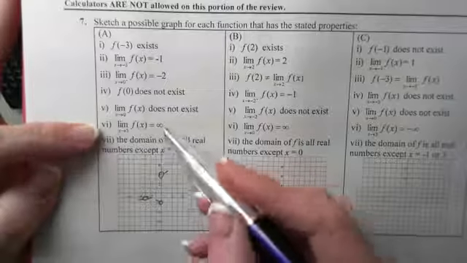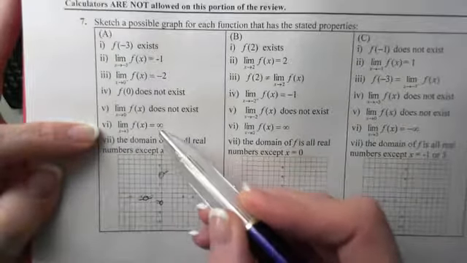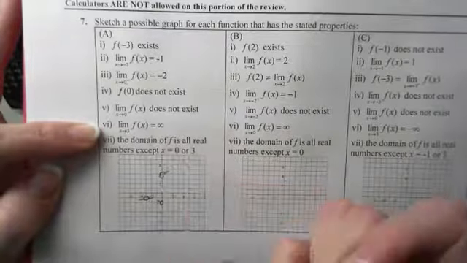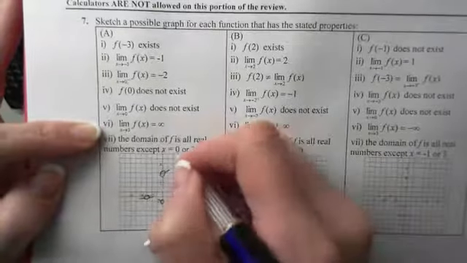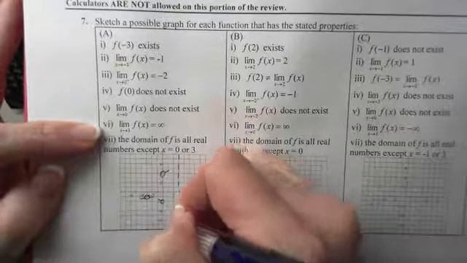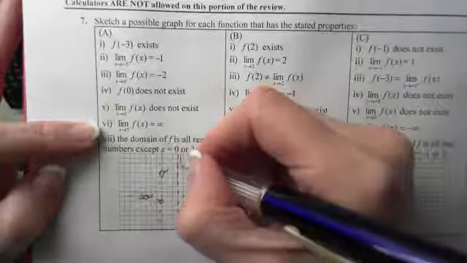The next statement says as I'm approaching 3 from both sides, I'm heading up. So this is evidence of a vertical asymptote. So in your paper, I'm going to look for a vertical asymptote, and I'm going to look for two-sided behavior that's heading up.